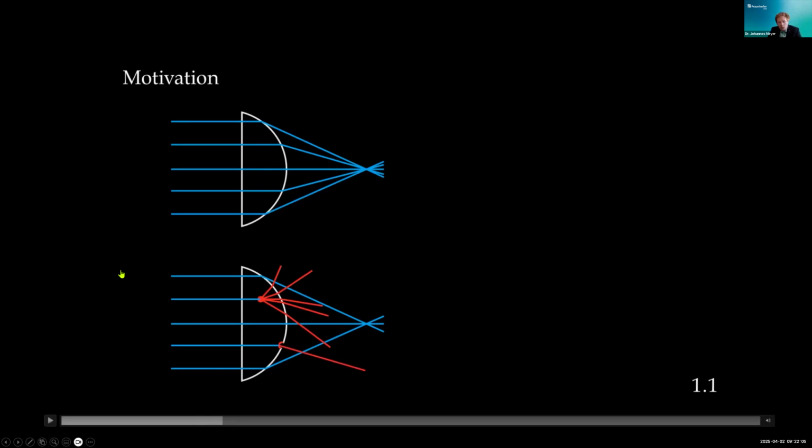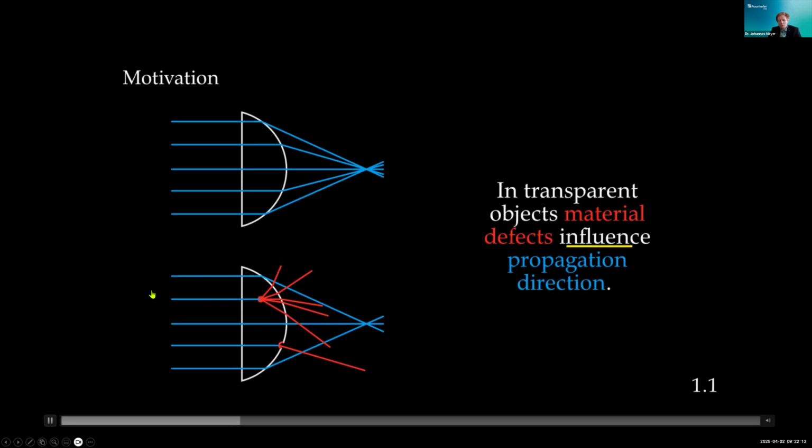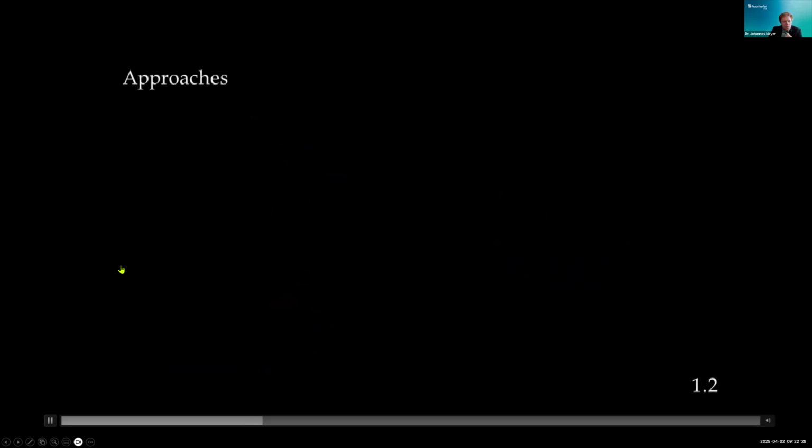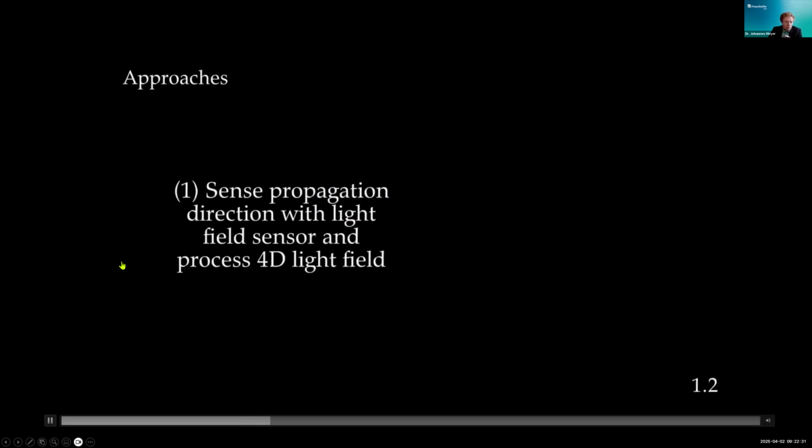The key intuition I want to make clear here is that both the intended shape of the object and also the material defects inside it have a main influence on the propagation direction of the light and not on the intensity, as is the case for other kinds of inspection applications. Now, how can we use this to inspect transparent objects for material defects?